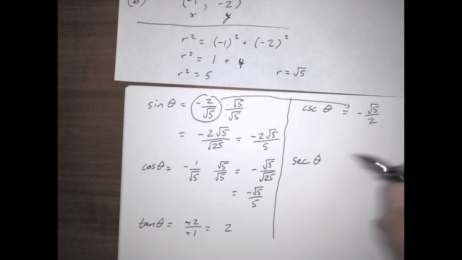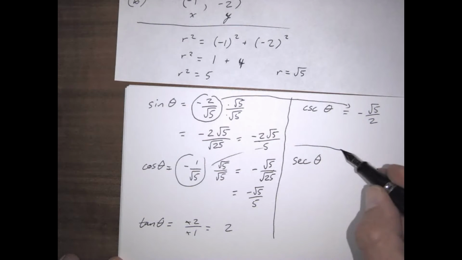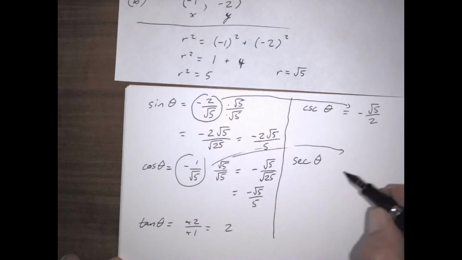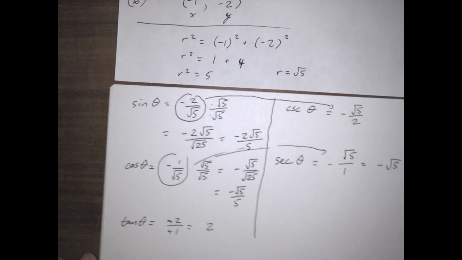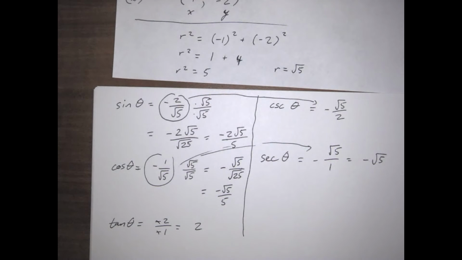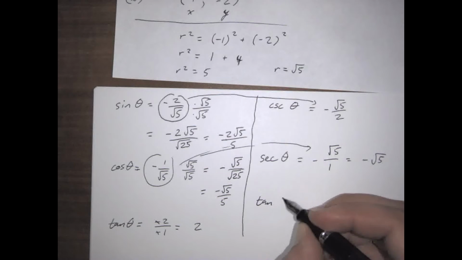And by the same token, we can do the same thing with the cosine. So root 5 over 1 instead of 1 over root 5, but then that doesn't need to be written like that. Dividing by 1, as I said, not doing much. Okay, now the last one, cotangent theta.